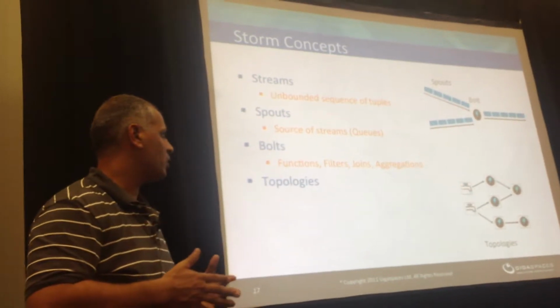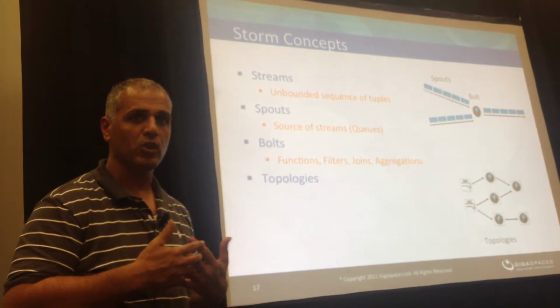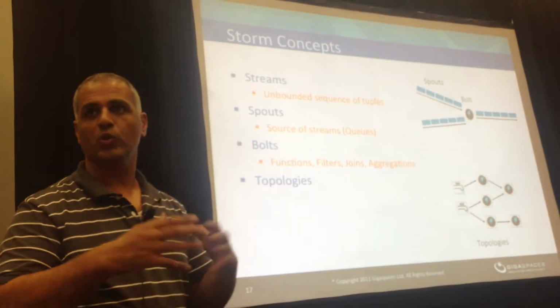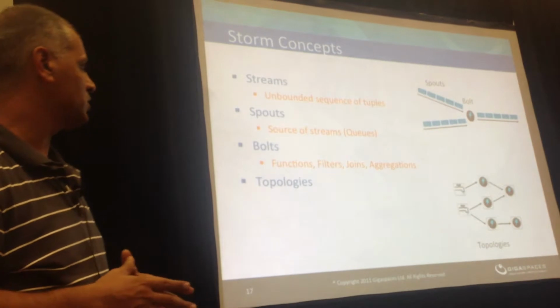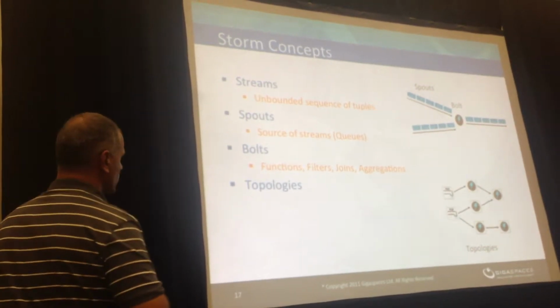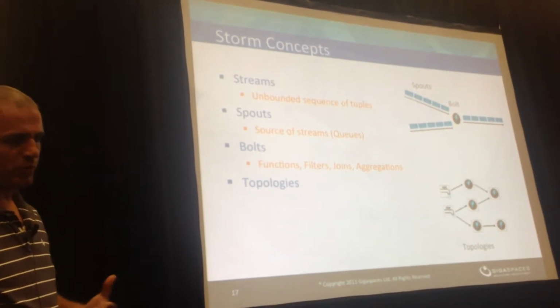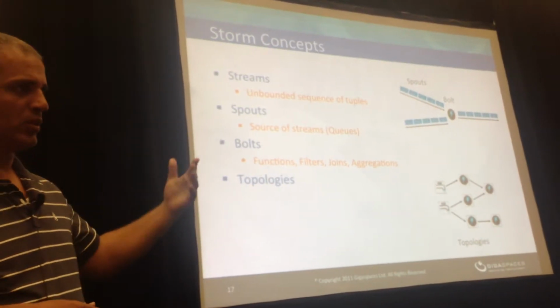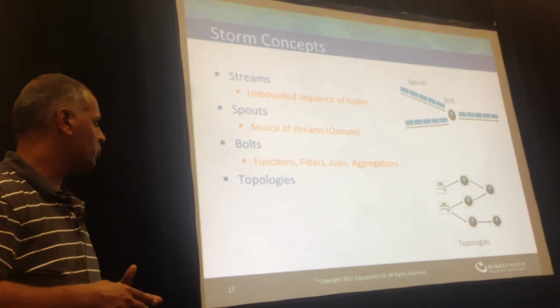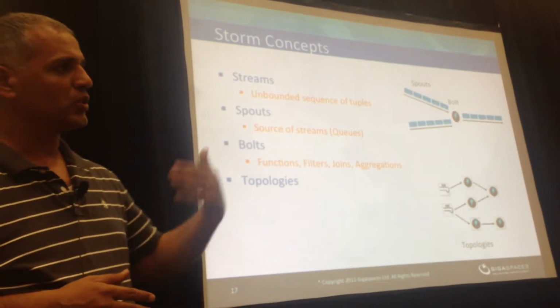And we have spouts and bolts. The bolts are the places where a lot of that logic happens, and those are the really important piece. The spouts are an abstraction for the stream. And a topology is a combination of those.